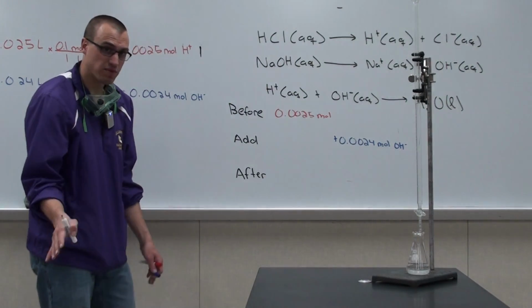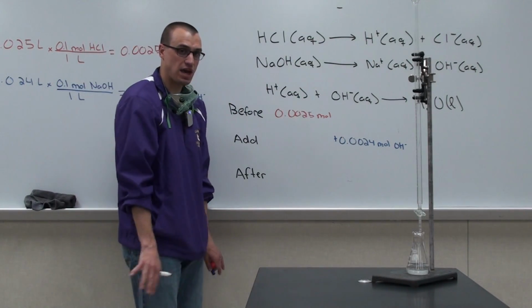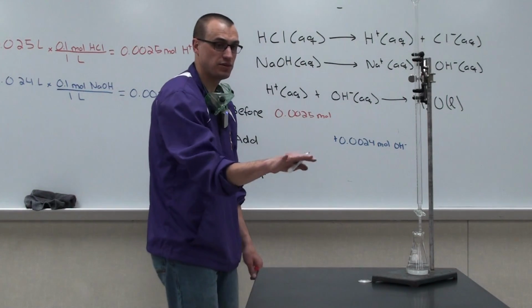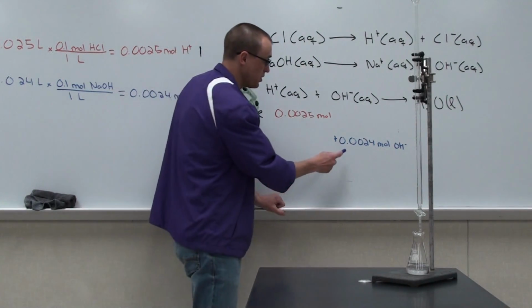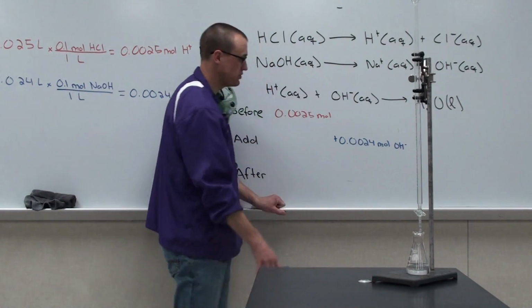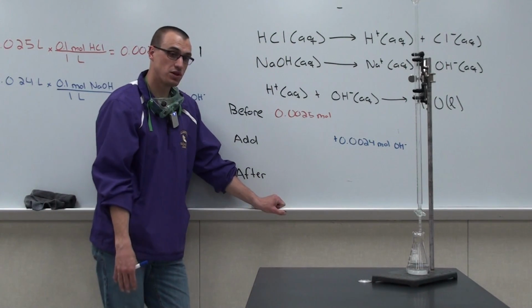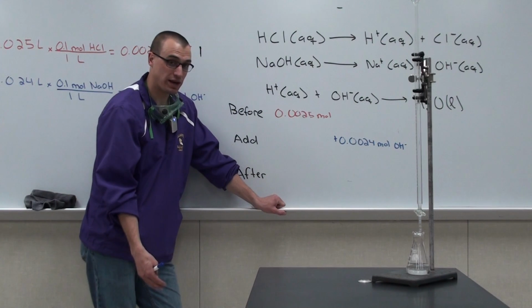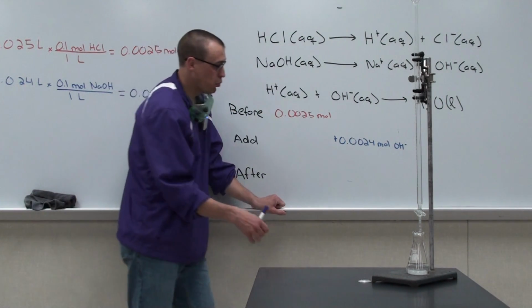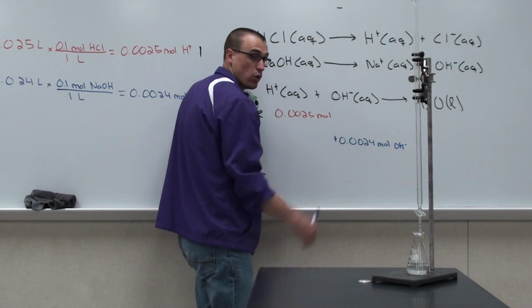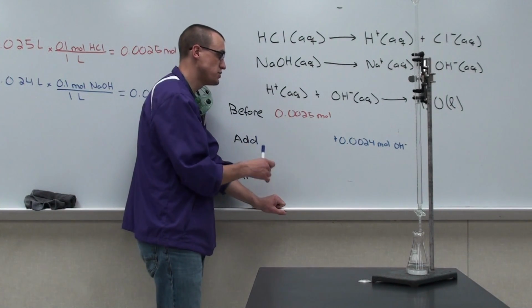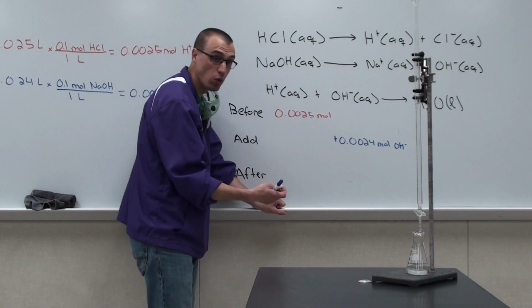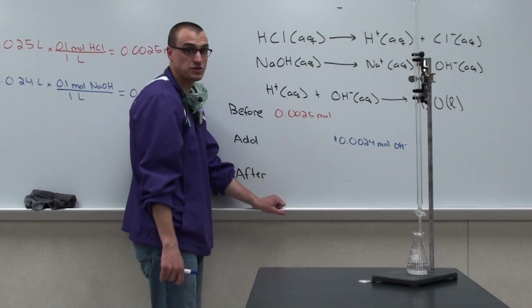Now, again, we have to think about what exactly is happening with the chemistry of this reaction. So what is happening is this. We've added 0.0024 moles of OH minus ions, and those 0.0024 moles of OH minus ions are reacting with 0.0024 moles of H plus ions.